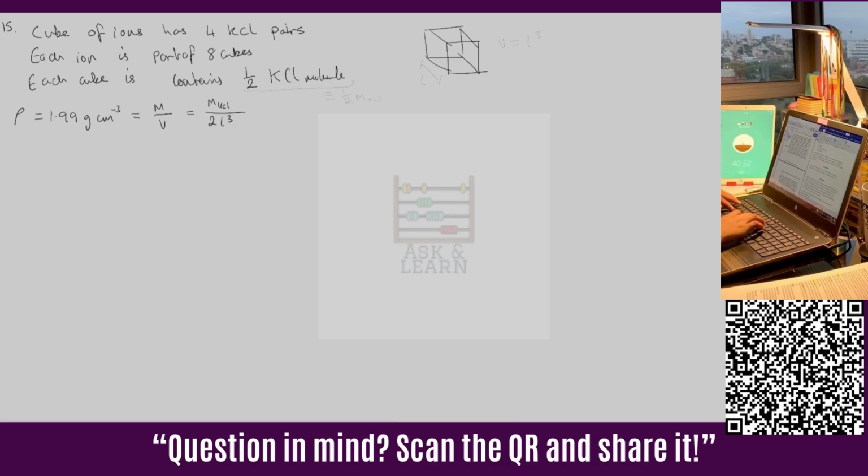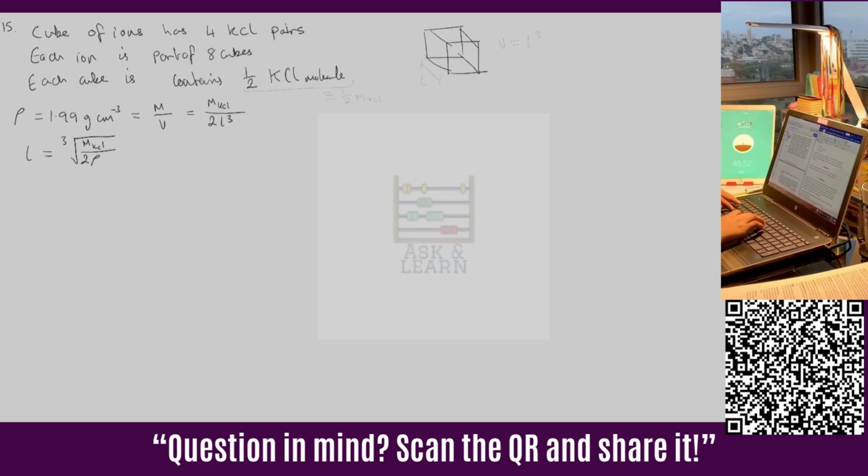Now we need to figure out the side length. So we can rearrange for L, and we can say that L is equal to the cube root of the mass of one molecule divided by 2 lots of the density.